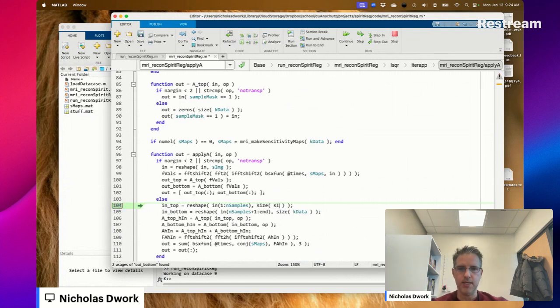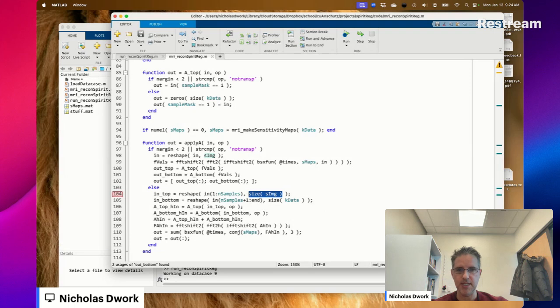What's the issue? We need to resize it to the size of S image. Oh, we don't need the size of S image, we just want S image. Wait, that's not the number of samples. In top is just that.